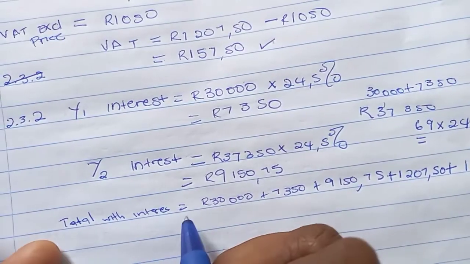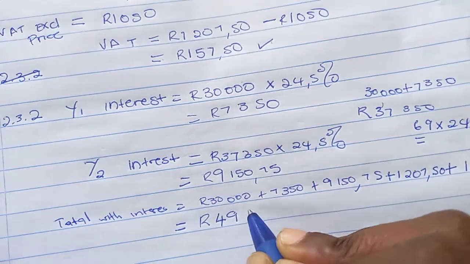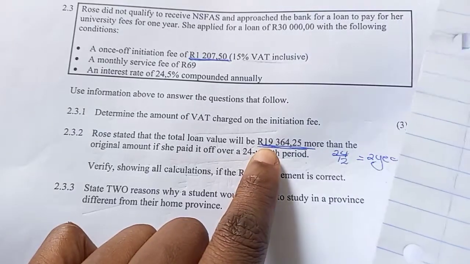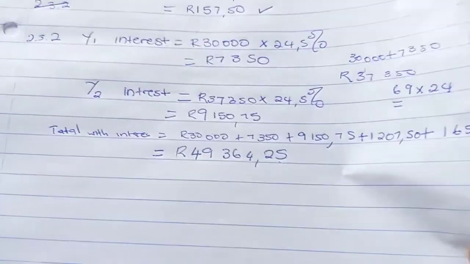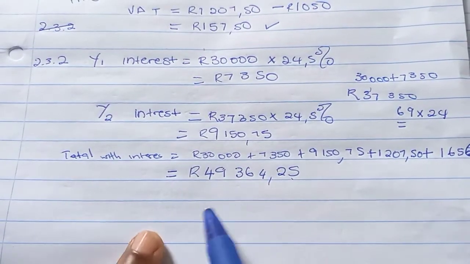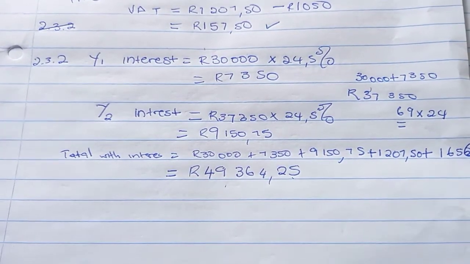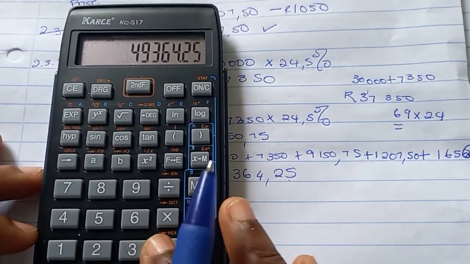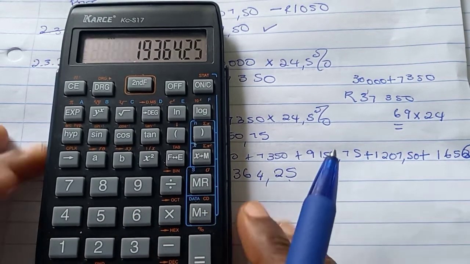Then I calculate the total value. The total value is 19,364 Rand and 25 cents more than. So let's check if it's more than by 19,000. So we have to take out the 30,000 and check above 30,000 we get the same amount as well. So what I'm going to do is I'm going to minus 30,000, and yes, I get that amount.